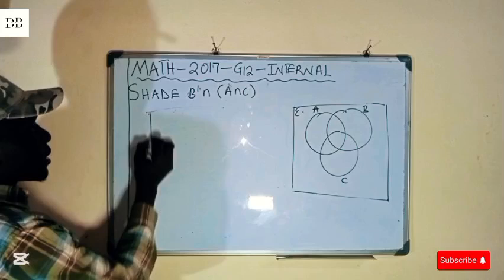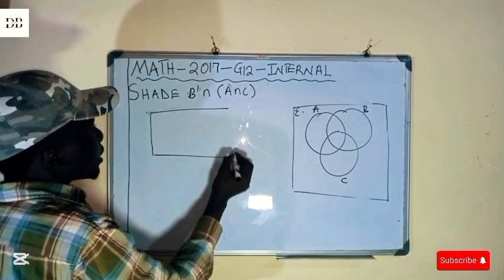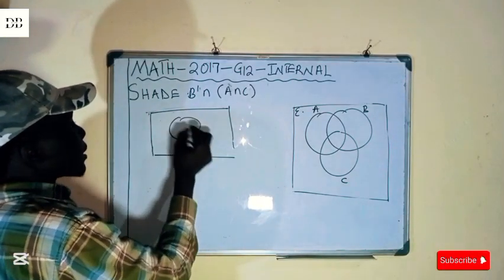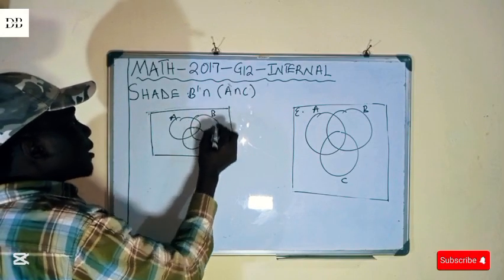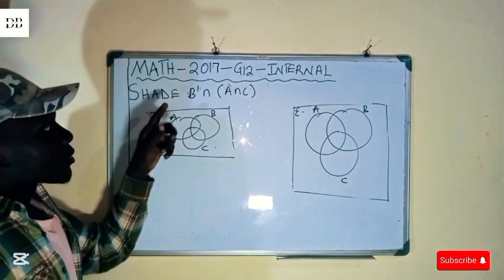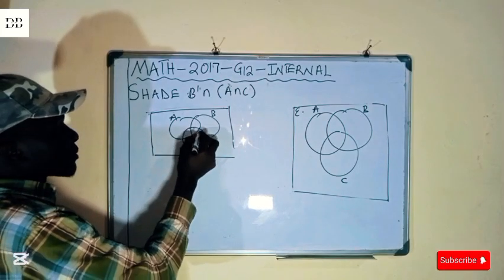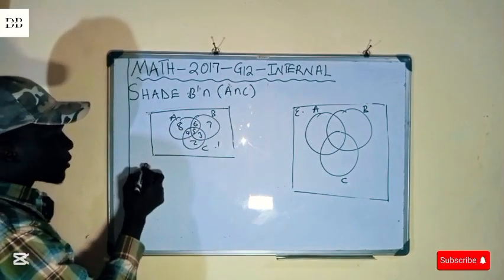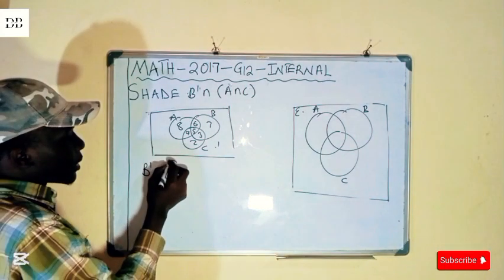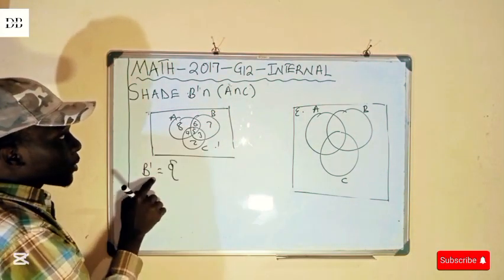Another paper here from 2017 asking the same question. So we follow the same step. It's asking us to shade B complement intersection, open bracket, A intersection C. So A, B, C. So we assign numbers, then we begin to find. So what is our B complement?